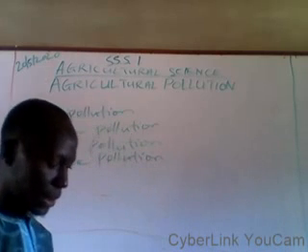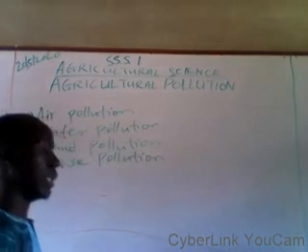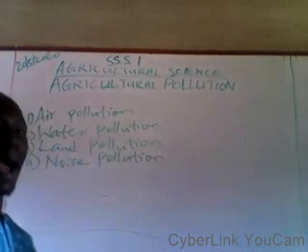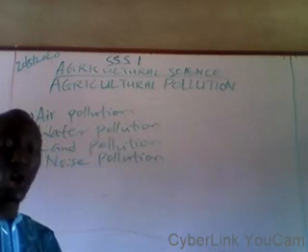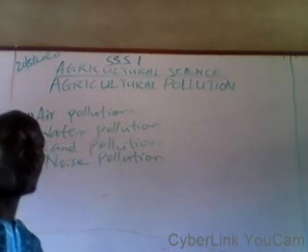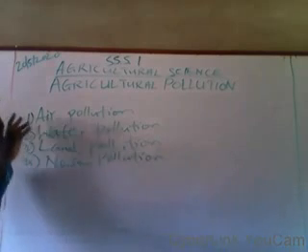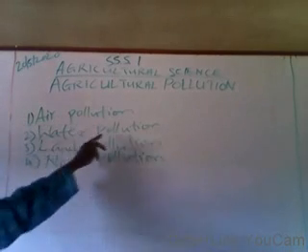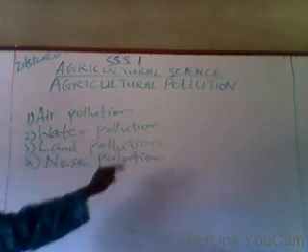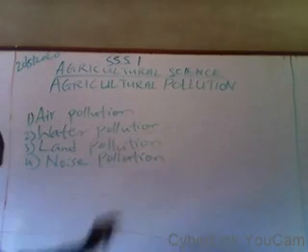That will now take us to the types or sources of major agricultural pollution. We have air pollution, water pollution, land pollution, and noise pollution.